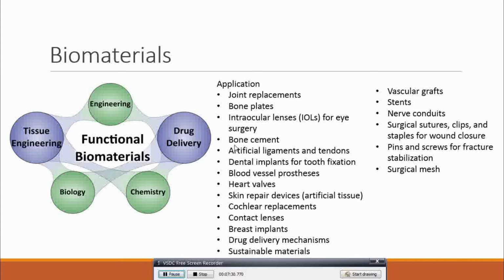So I have listed here a few applications that are focused in biomaterials nowadays. Actually there are so many applications here.